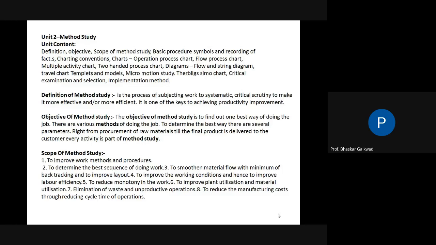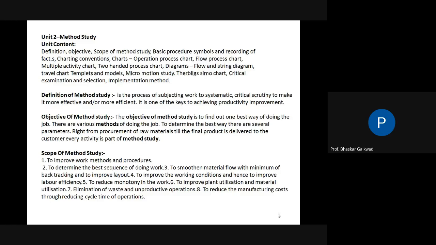Different types of charts are there: the operation process charts, flow process charts, multiple activity charts, two-handed process charts, and two diagrams, that is the flow diagram and string diagrams. At the same time, there are travel charts, templates and models, and micro motion study.